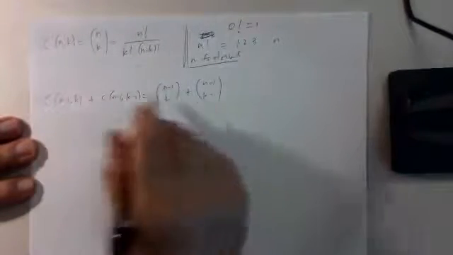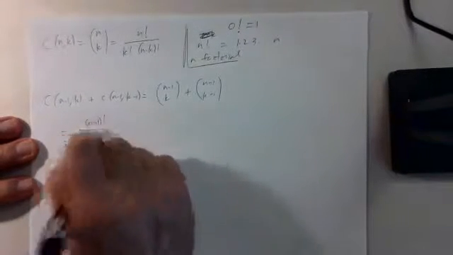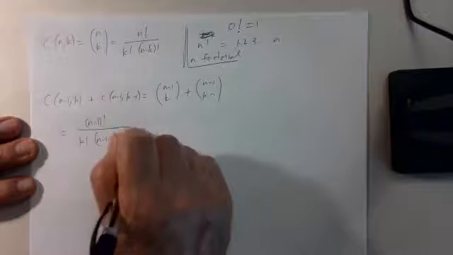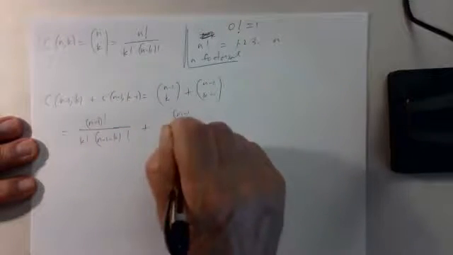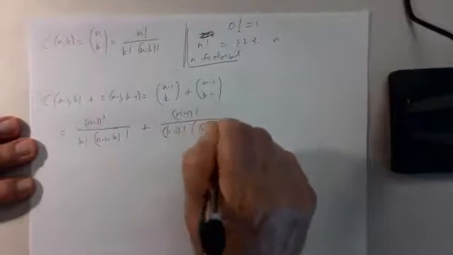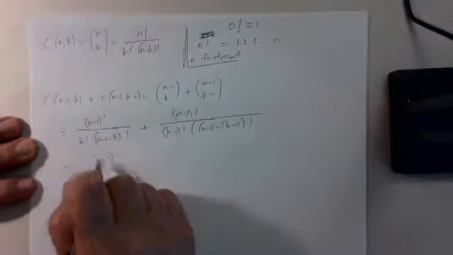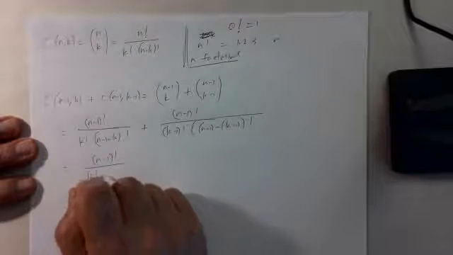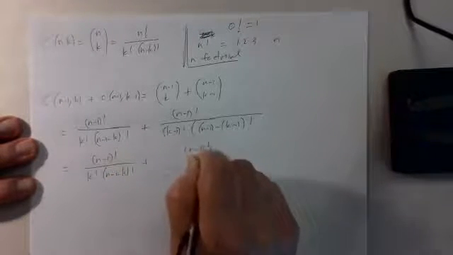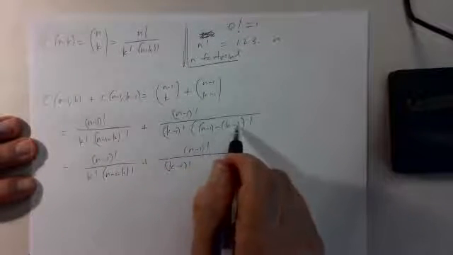Using the definition, this is n minus 1 factorial over k factorial times n minus 1 minus k factorial, plus n minus 1 factorial over k minus 1 factorial times n minus 1 minus k plus 1 factorial.